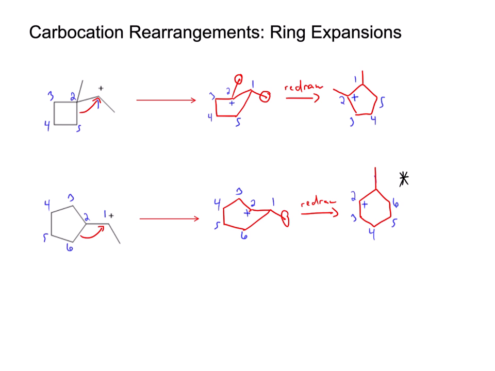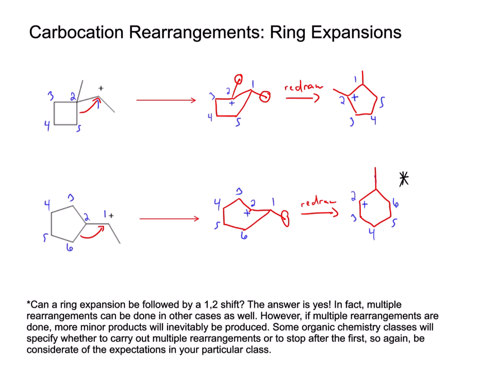If we did a 1,2 hydride shift now, that would actually move the carbocation to a more stable tertiary position. So the question is, can this occur after we already did a ring expansion? And the answer is, yes, it can.